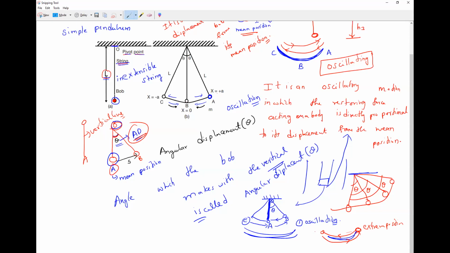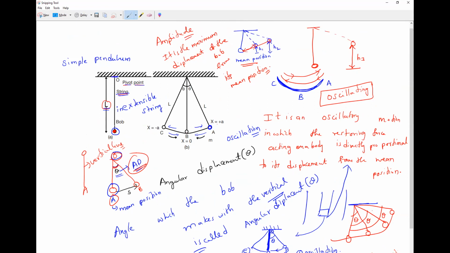Clear? Then we can take it as how many oscillations? One oscillation.